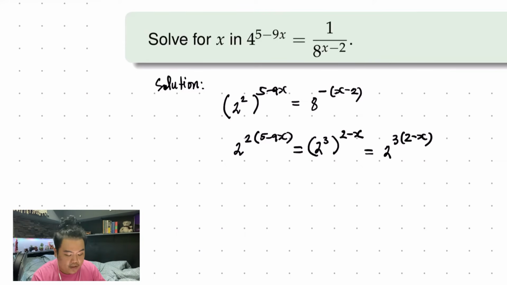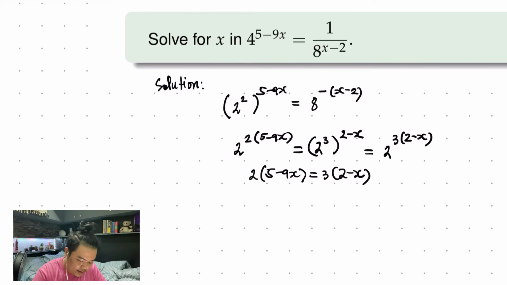So the exponential function with base 2 is 1 to 1. So pwede mong i-equate na lang yung exponent. Equal to 3 times 2 minus x. At isa na lang yung linear equation. Let us do this. Let us distribute. We get 10 minus 18x equal to 6 minus 3x.